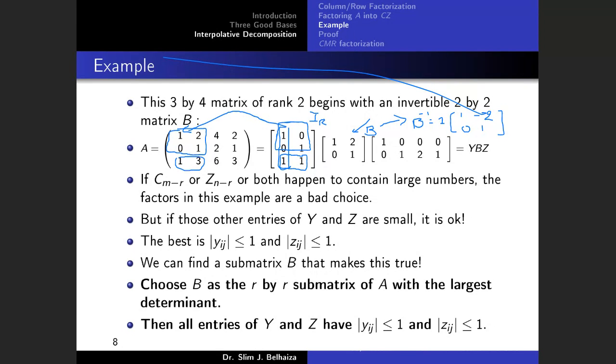So to obtain this 1, 1, in fact, what we did is just a multiplication of 1, 3 by B minus 1. So this is exactly C_{m-r}. So let's check if it works. It's 1, 3 times 1, 0, negative 2, 1. So what you get is 1, and on the other side it's going to be minus 2 plus 3, which is 1. So this is the way we got this last row.